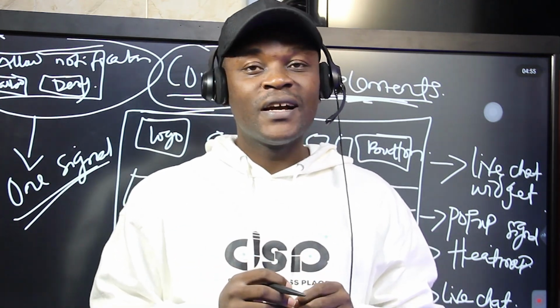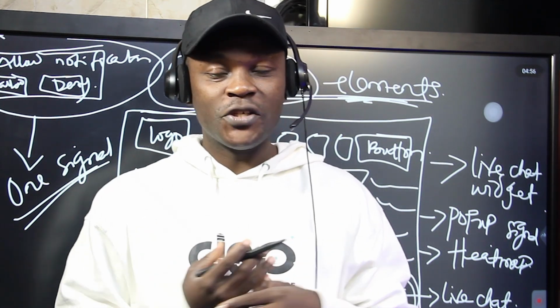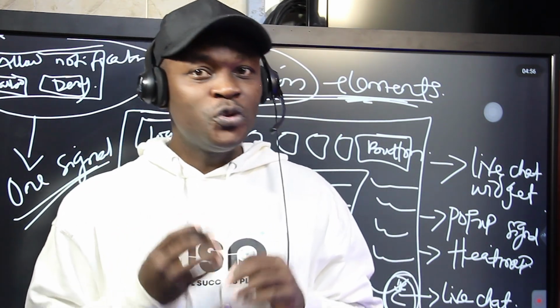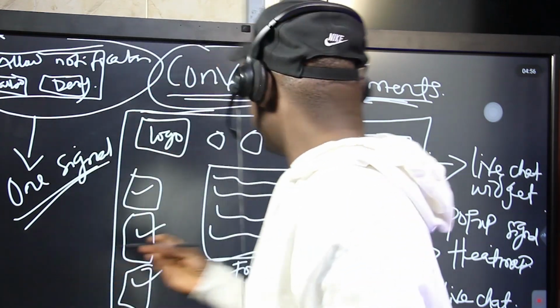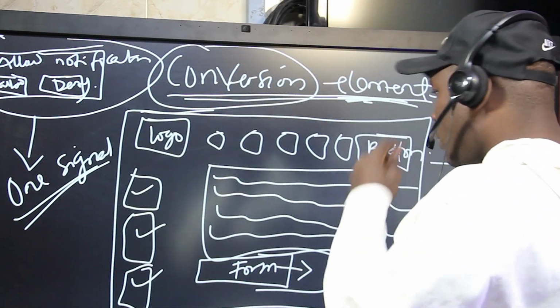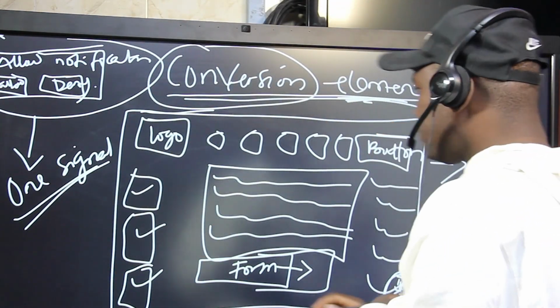Pop-up signal is also very important, but heatmaps is very important. I will explain what heatmap is to you shortly, and I will even do justice to heatmap by sharing my screen and showing you an example of what a heatmap is, right? Yeah, I owe that to you. So heatmap also is a good example of a conversion element.